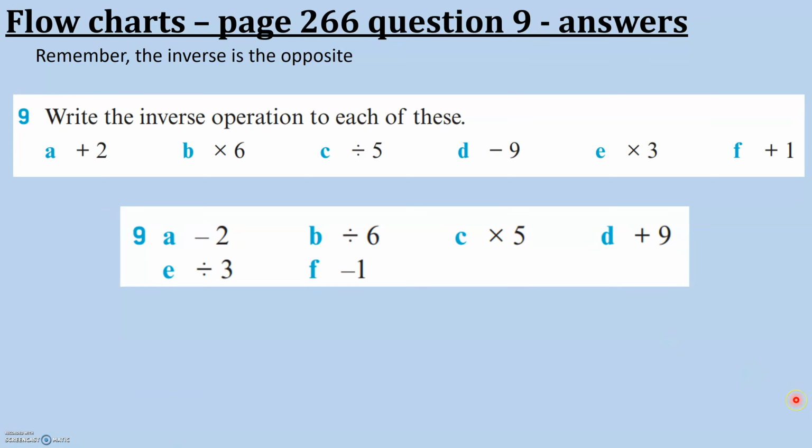Now again, pause the video and run through that to check your answers. You should have got multiply by 6 is divide by 6. Divide by 5 is times 5. The inverse of subtraction is addition. Multiplication is division. And the inverse of addition should give us subtraction.